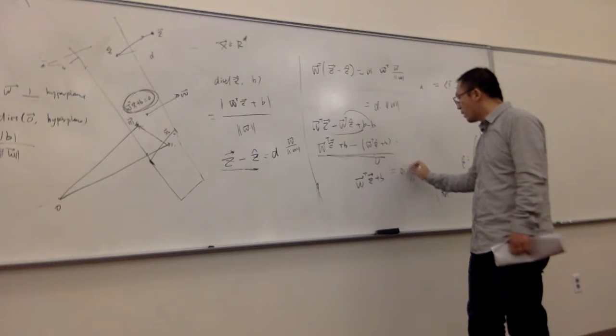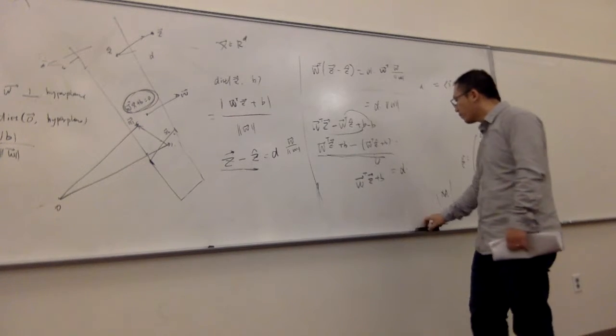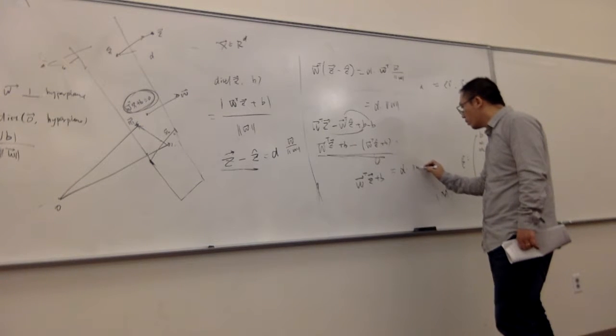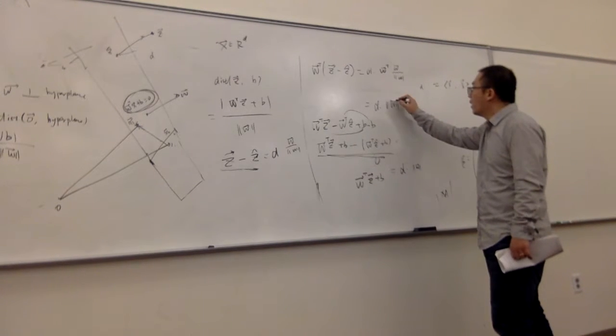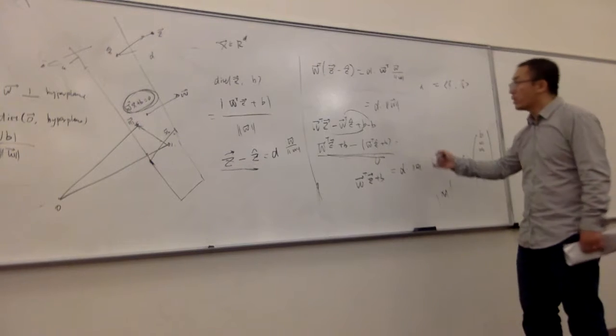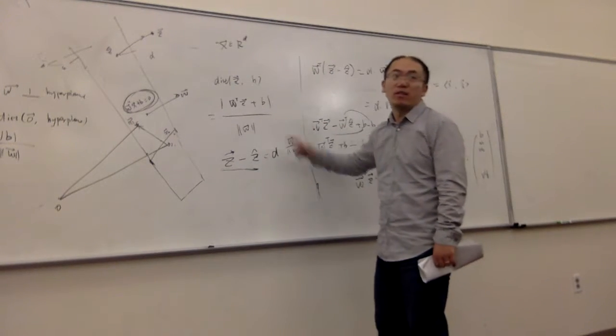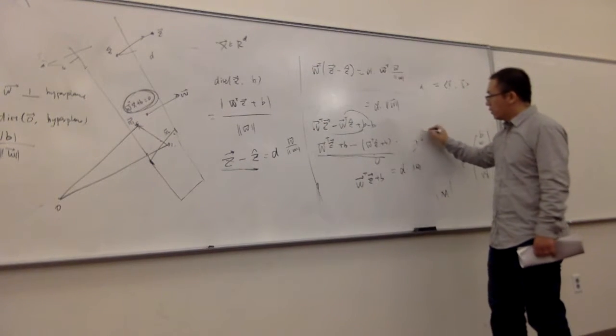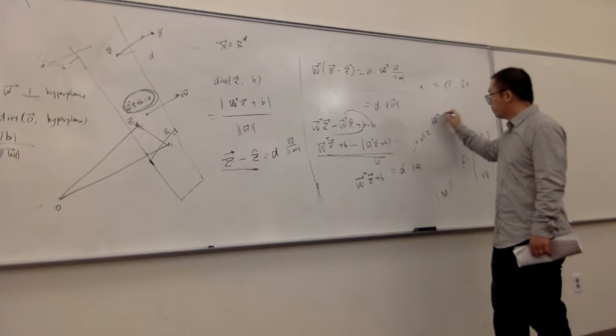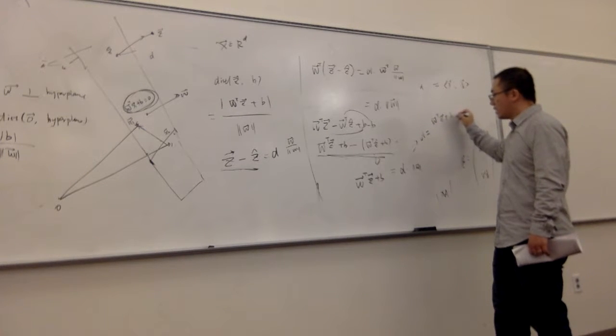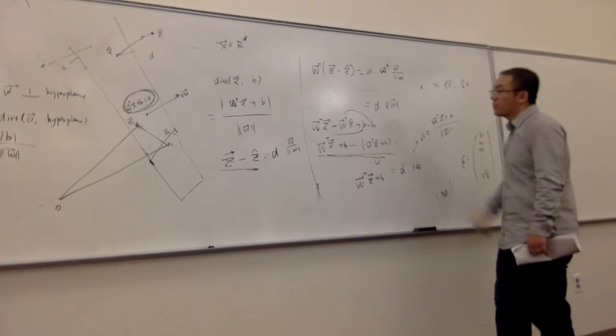And the right-hand side becomes the distance multiplying with the norm of the vector. Then we get here: the distance is simply the classification function value divided by the norm of the weight vector.